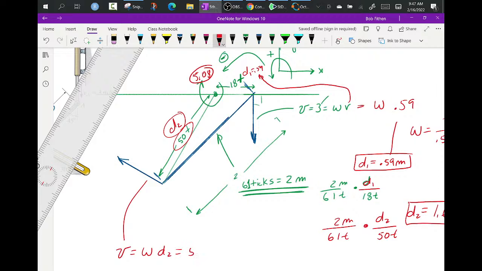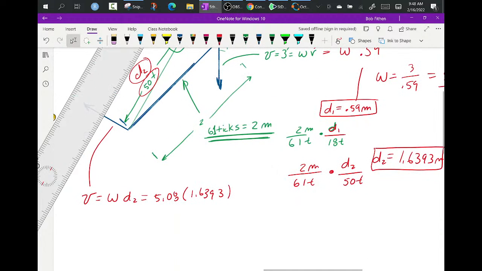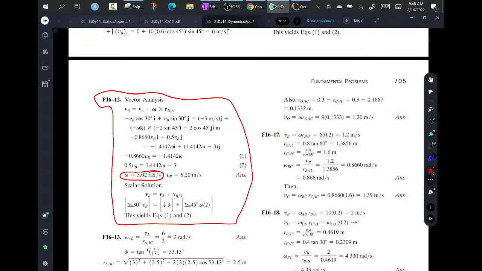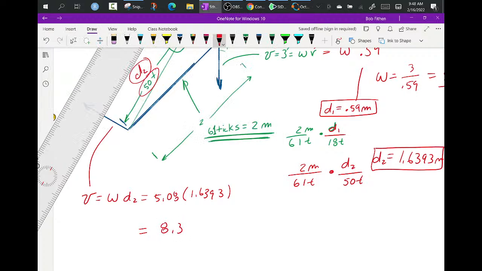So 5.08, and my distance is 1.6393. Take that and multiply it, and I get about 8.335.